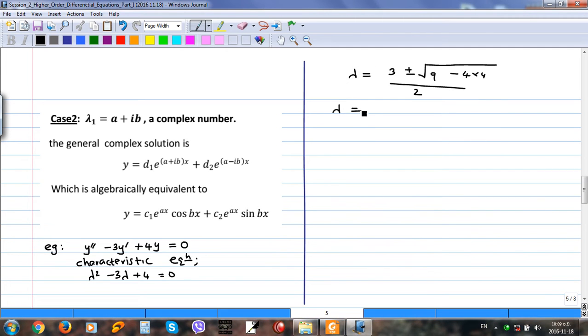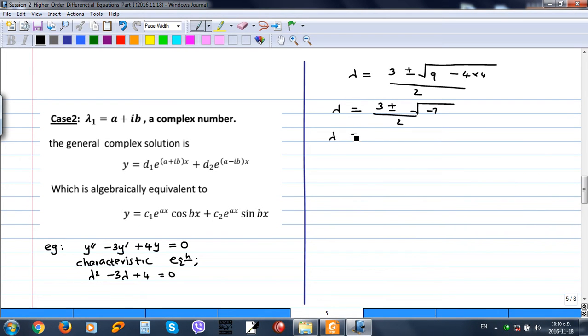Then lambda equals 3 plus or minus square root of 9 minus 16, over 2, which is minus 7 under the root. Minus 1 is i square, so we can write root 7 i over 2.